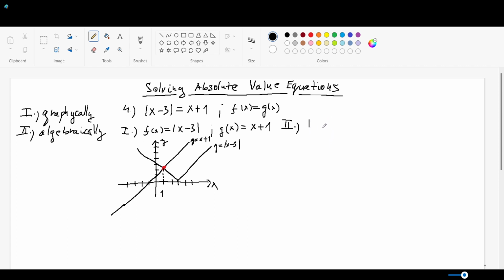As we have only one absolute value expression in our equation, we just need to rewrite it for this absolute value.